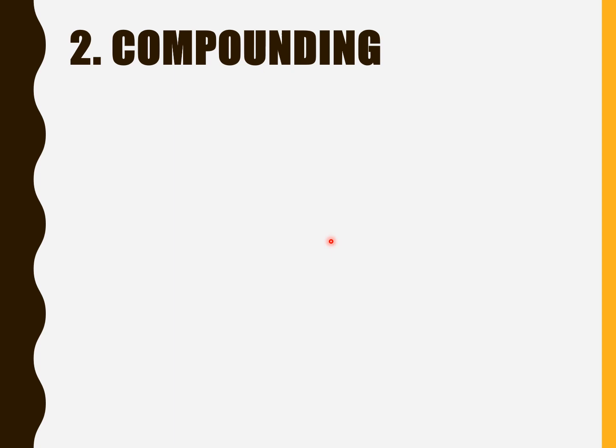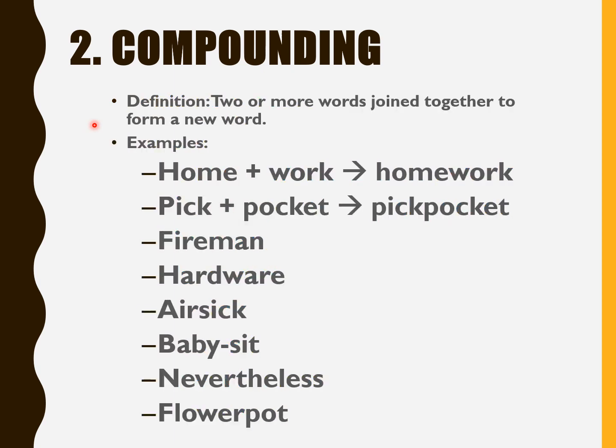Then, compound words can be written in three different ways. First, open, with a space between the parts of the compound word. Next is hyphenated, with a hyphen or dash separating the elements of the compound word. And the last one is solid, without a space or hyphen between the component elements of the compound word.